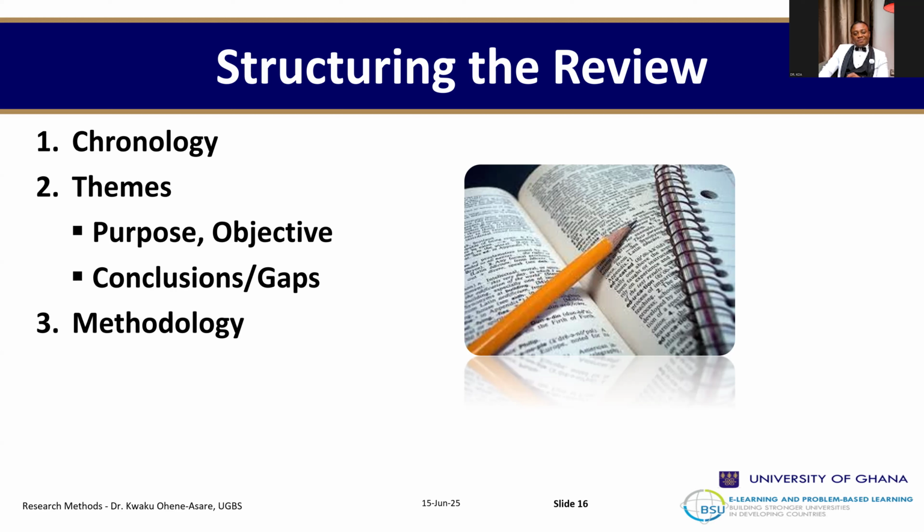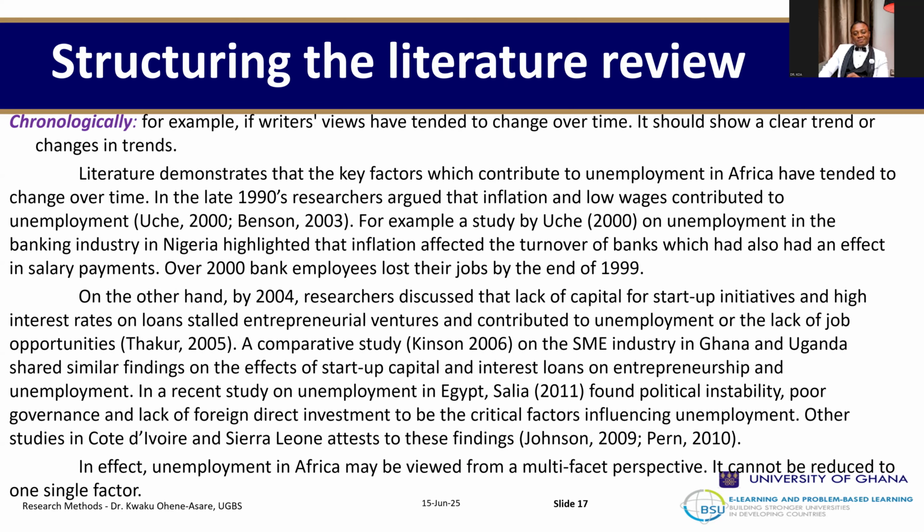Maybe the empirical one is going to look at studies that have applied the subject matter, then studies that have applied it in other parts of the world, then studies that have applied it in Africa, and then maybe studies that have applied it in your specific country. Another section may look at methodologies that have been used. Structuring the literature review is powerful. Chronology matters.